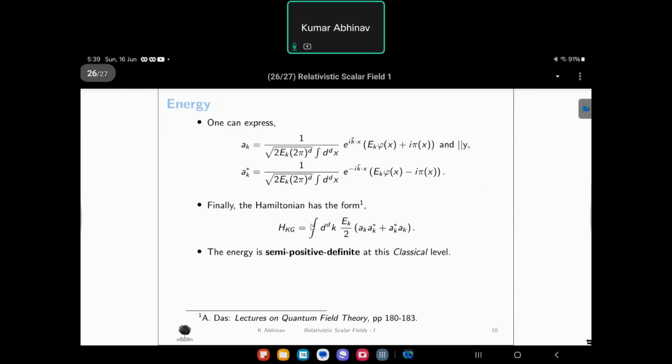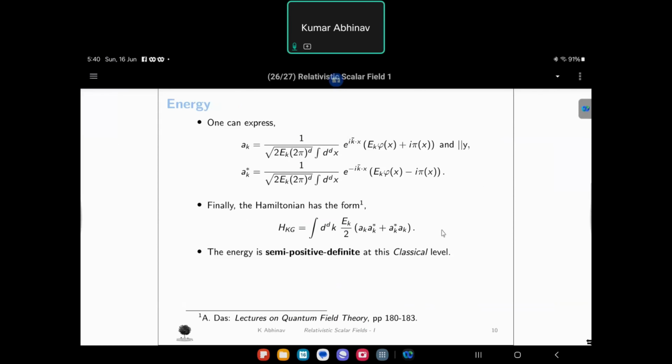So now, because we can interchange between the scalar field and these a_k and a_k star operators, you can write down the Hamiltonian in terms of that. The Hamiltonian we obtained at the beginning through Legendre transformation, you can write down in terms of these a_k and a_k star operators, and it has this particular form.